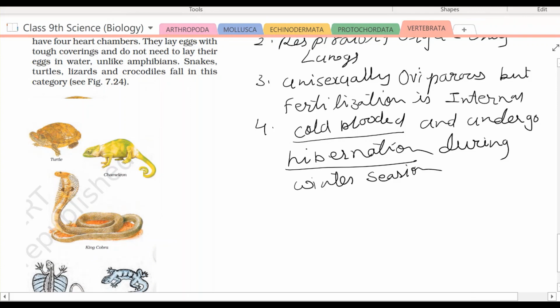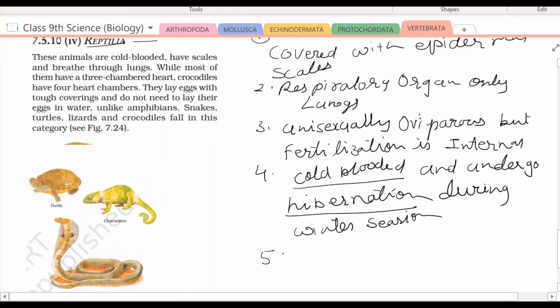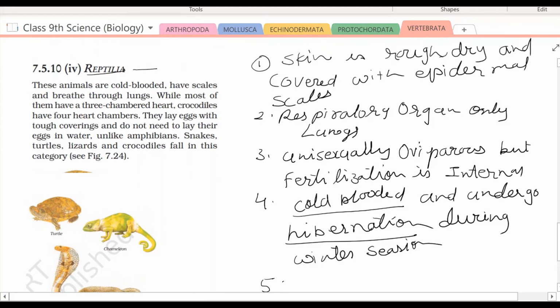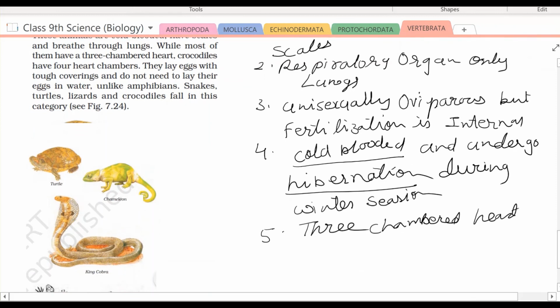So, student, there are some characters of reptiles. Clear? Heart is basically three-chambered, but in case of crocodile it is four-chambered. So this is some basic character of class Reptilia.